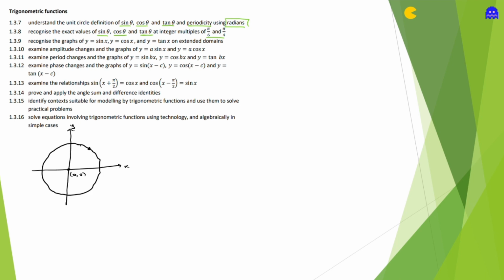We extend a line up to the circumference of the circle, and this line forms an angle with the x-axis of theta, and we know that cosine is defined as the x-coordinate, and sine is defined as the y-coordinate. So if we trace it back here, this is equal to our value for sine theta, and this is equal to our value for cos theta.